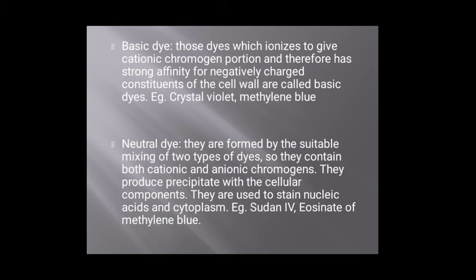These are used to stain the nucleic acid and the cytoplasm. Examples are the eosinate of methylene blue or Sudan IV. These are examples of neutral dyes. So these are the three main types of stains on the basis of the type of chromophore group present within the stain.